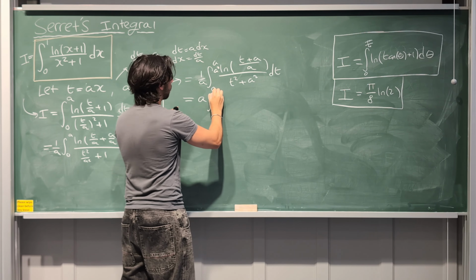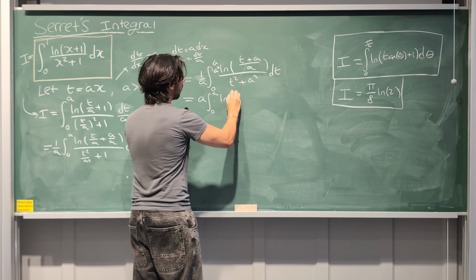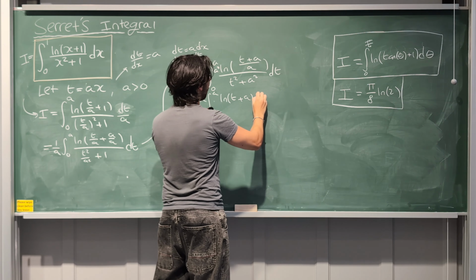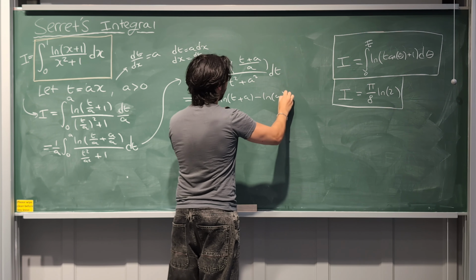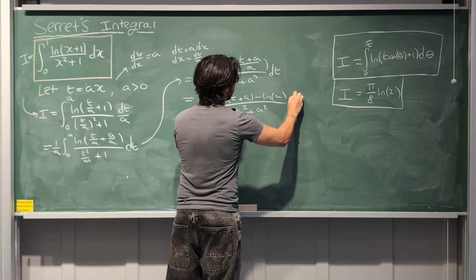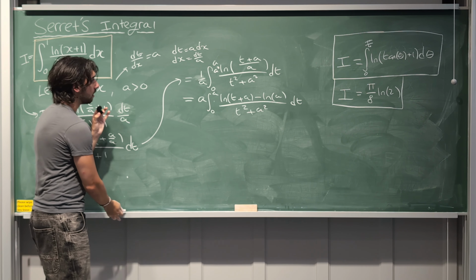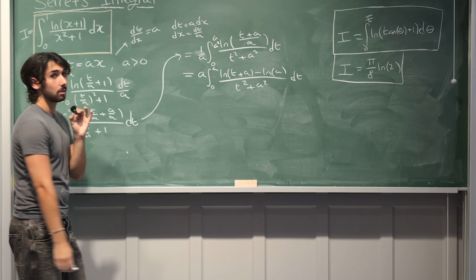And then I've got integral from 0 to a. That's already cancelled out. And then I've got the natural log of t plus a minus the natural log of a, all divided by t squared plus a squared dt, like that, okay? And then you're going to see something, I think, pretty cool.